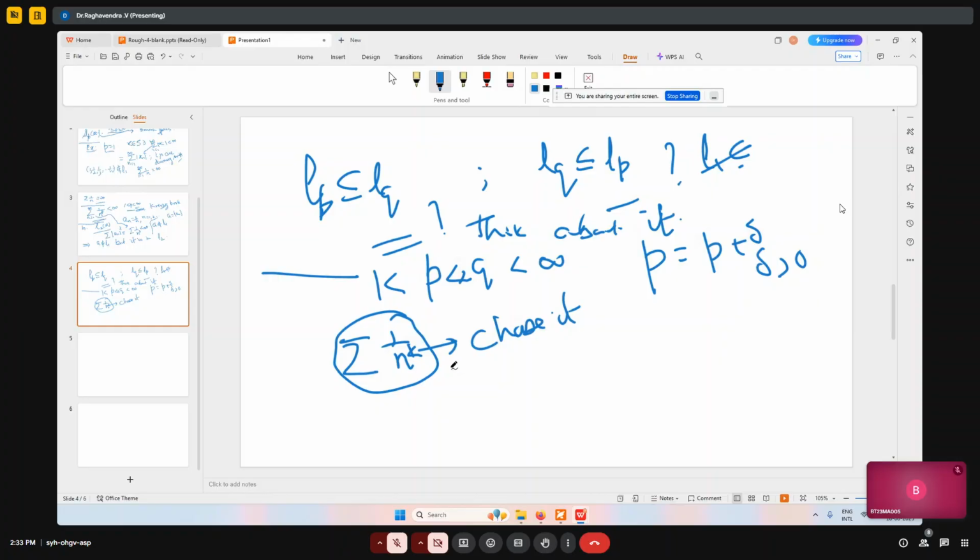How do you choose that? For example, if you take k equal to p, summation 1 over n raised to p, since p is greater than 1, this will be convergent.